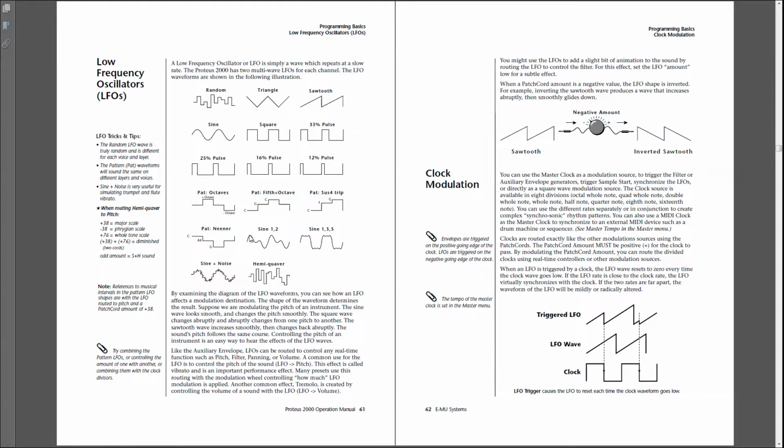Compare that with an SH101, which if you've heard them, you can hear they can come up with a whole range of sounds, and they're very popular, where they've got 4, and you've got a heck of a lot more here. Also, you've got the ability to apply a negative amount, and if you look at the sawtooth, you can change the shape dramatically there by making it an inverted sawtooth. You've also got the ability to use the clock to delay the effect of whatever.